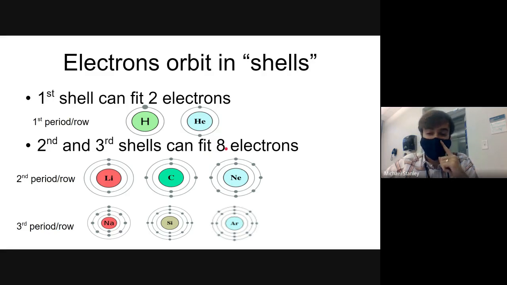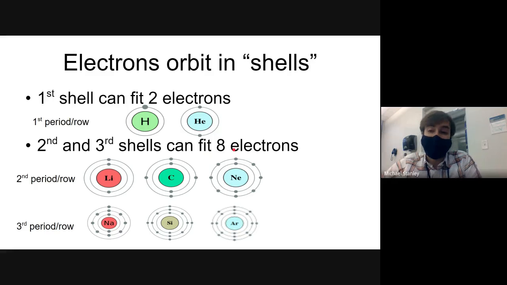I'm going to tell you right now, if you try to Google the number of electrons on the third electron shell, it'll tell you 18 because it's counting all of the electrons filling up underneath. But in reality, on only the third shell itself, only 8 electrons can fit.